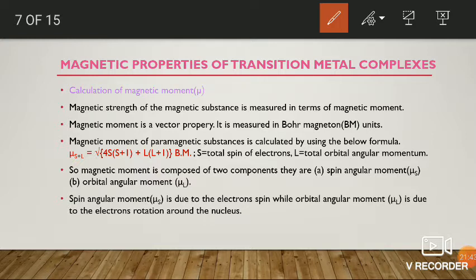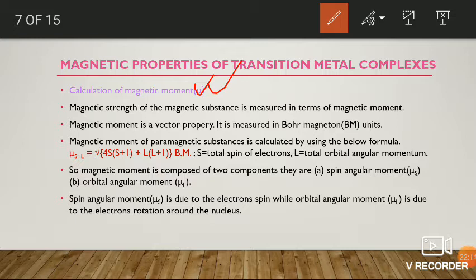Next, calculation of magnetic moments. Generally, the magnetic moment is denoted by the mu symbol. The mu, that is the magnetic moment, gives information about the magnetic strength and magnetic orientation of a particular substance.